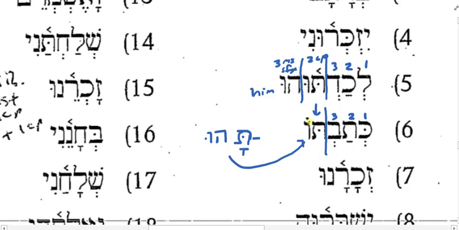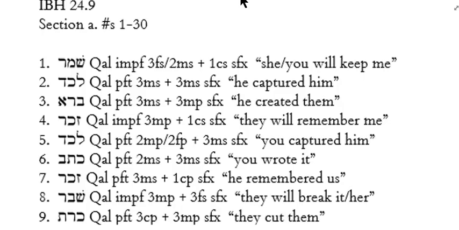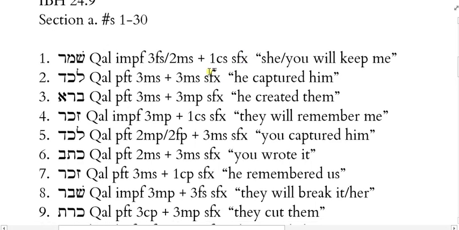So this is the second masculine singular plus the third masculine singular direct object pronoun. And that should have been the way I parsed it here. Okay, so Qal perfect 2ms plus the 3ms. So you, man, did the writing. What did you write? You wrote him or it. In this case, it would be an it.